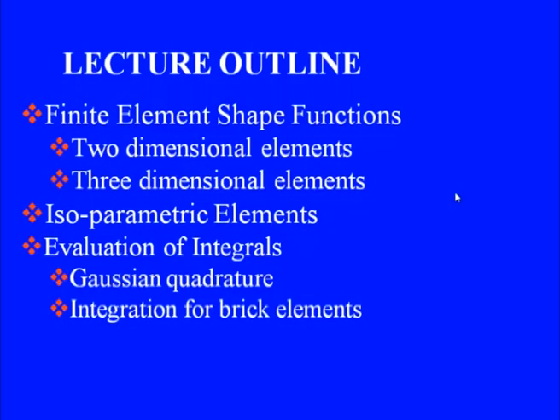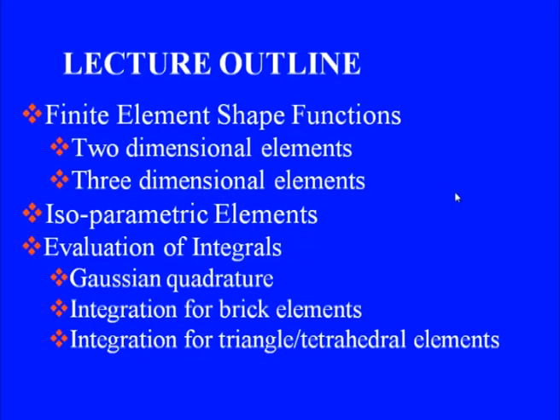So we will look at two approaches, one the Gaussian quadrature, which is used for the integration of line elements or brick elements, and then the integration procedure for triangle or tetrahedral elements.